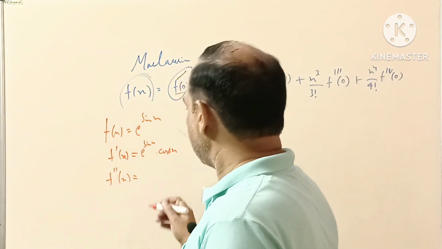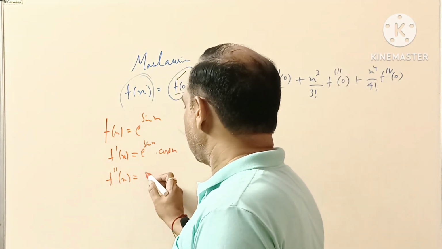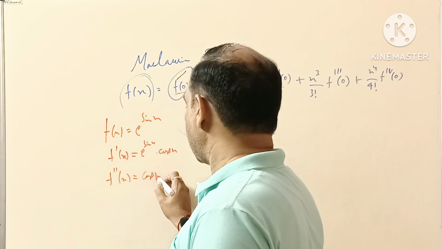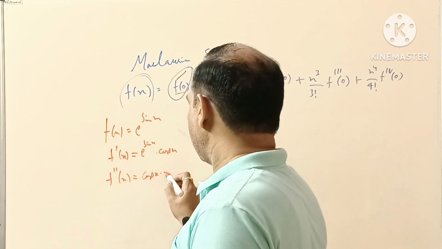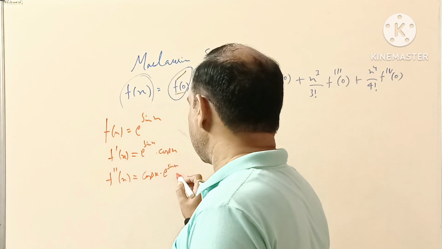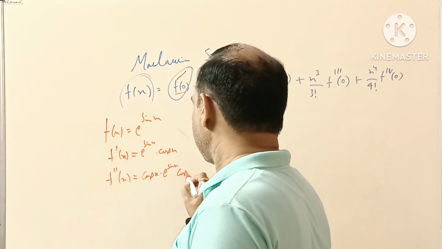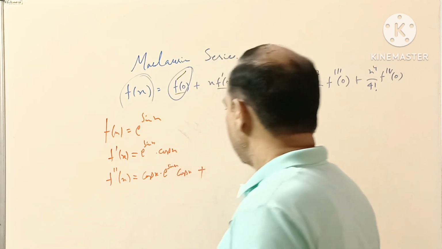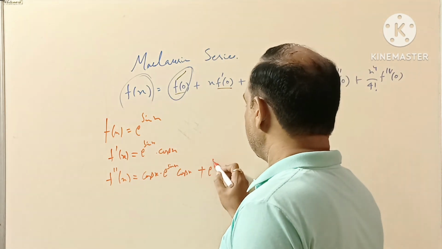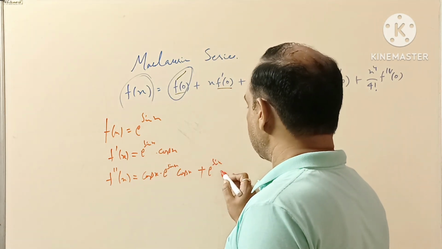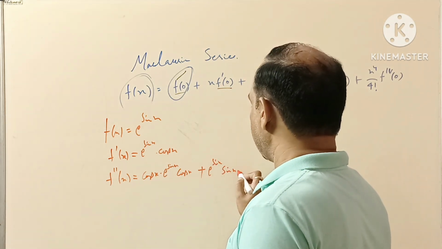Now, for the differentiation, if I take cos x as the first function and the second function as it is, it is e raised to the power sin x times cos x. Now here, if I take e to the power sin x as it is, cos x can be converted into minus sin x.